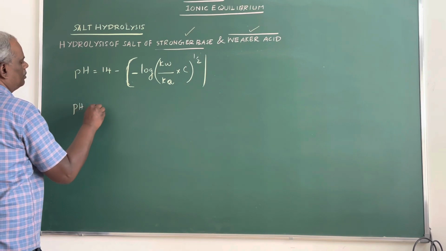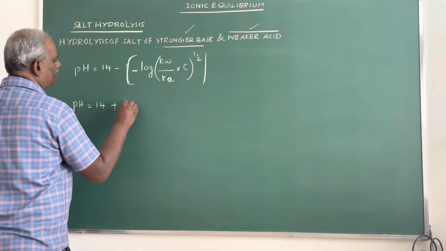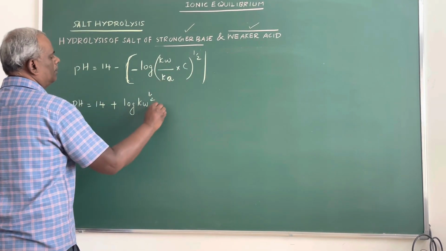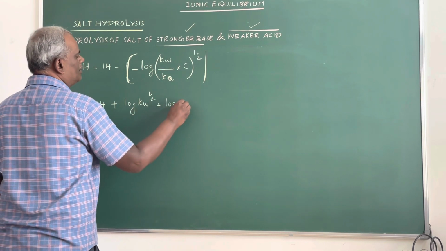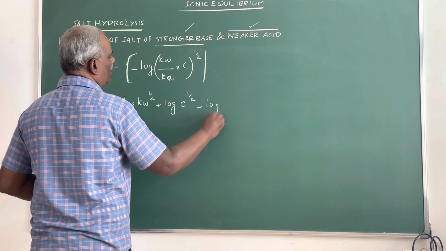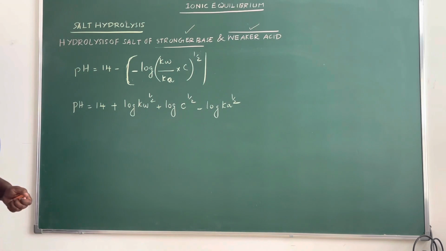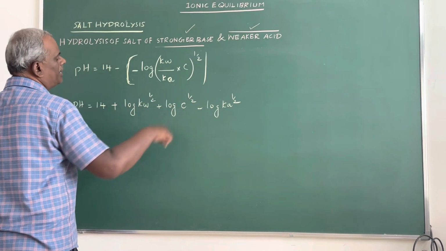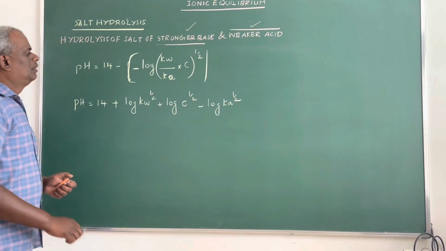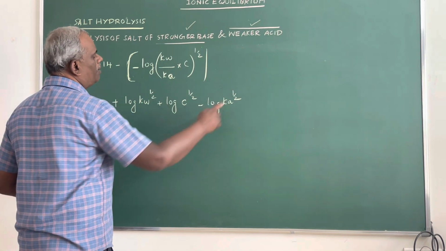Now minus into minus becomes plus. pH is equal to 14 plus, I can expand this as follows: log Kw power half plus log C power half and minus log of Ka power half. The Ka is in the denominator, so when it is taken to the numerator, it becomes minus log of Ka power half.